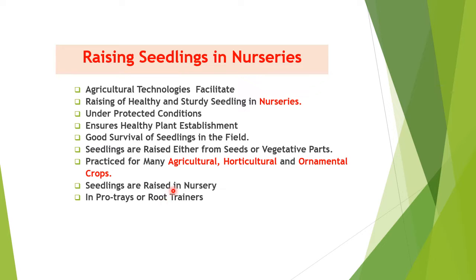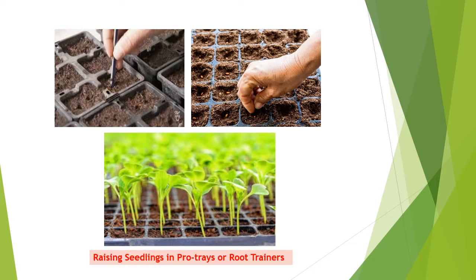So seedlings are raised in the nursery in pro trays or root trainers. These are the root trainers or pro trays where you are making the holes. You fill these trainers with a soilless medium, make holes and put seeds into them, and the seedlings are produced there.